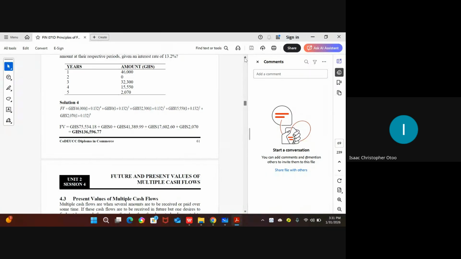Yes, it was 5 years. But in the second year, they did not deposit anything at all. Zero. So there wasn't any cash flow in the second year. If that were the case, it would have been zero.